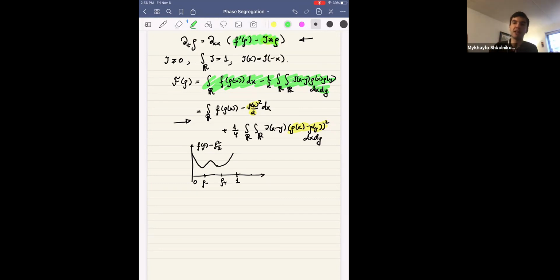The f prime will come from the first term and the convolution will come from the second term. And if you took the functional derivative in the Sobolev space H to the -1, you would end up with the negative of the right-hand side of the PDE. So one way to think about this model, the equation for rho, is that we're following the functional gradient of capital F, and so our phase segregation process is trying to minimize the energy, and always follows the direction of the steepest descent of this energy function.